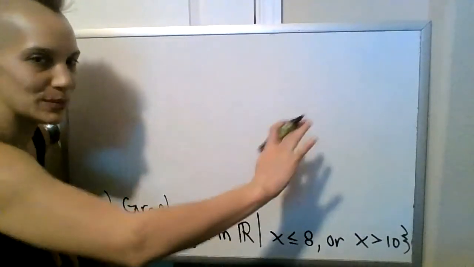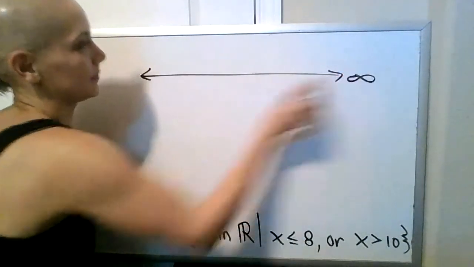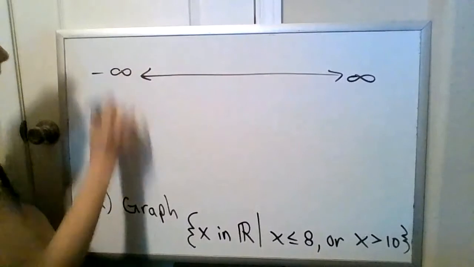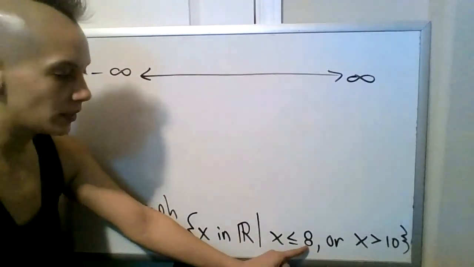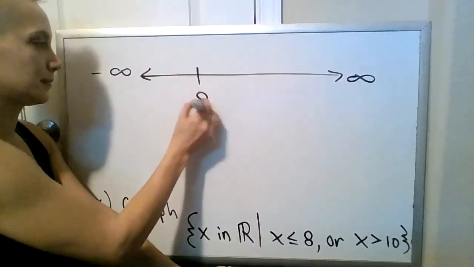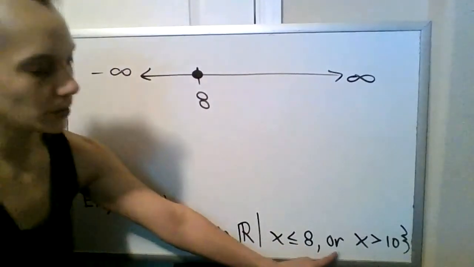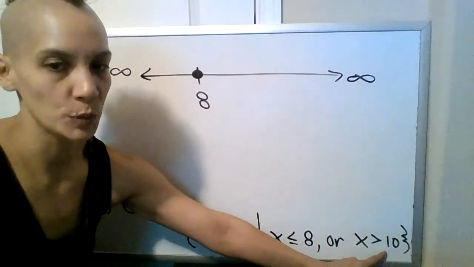So start the number line, and place 8 on there with a solid circle. And we're going to go over to 10, which has an open circle.